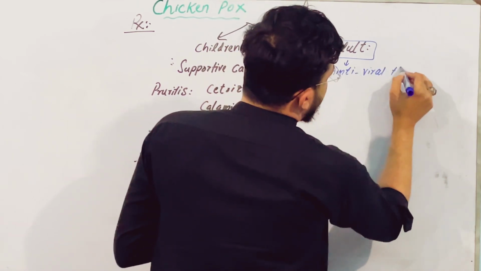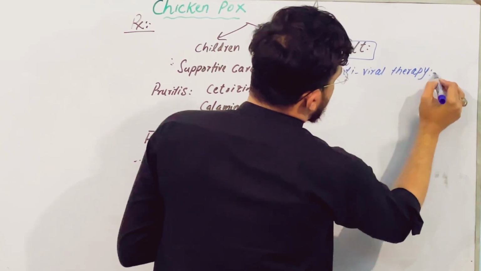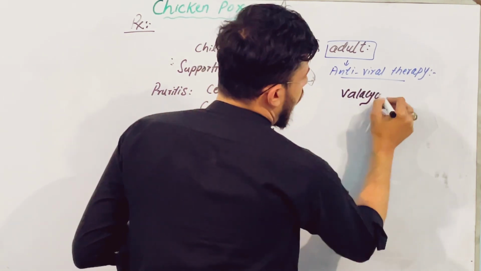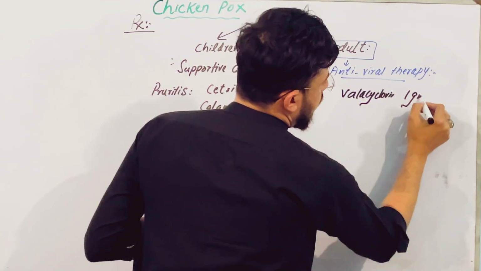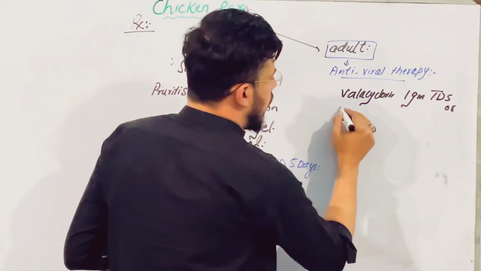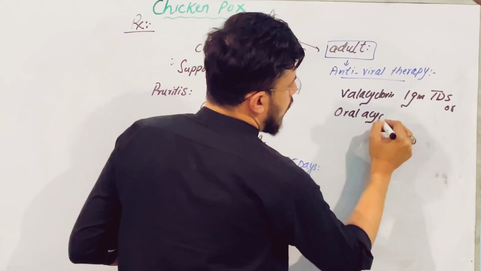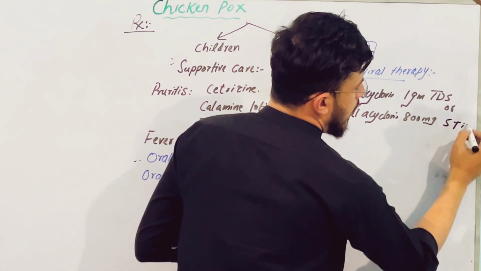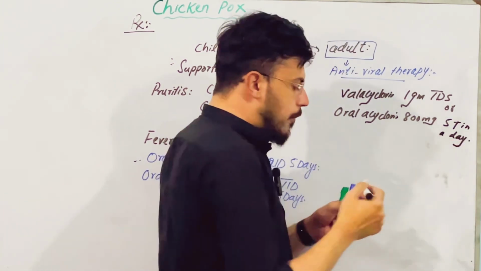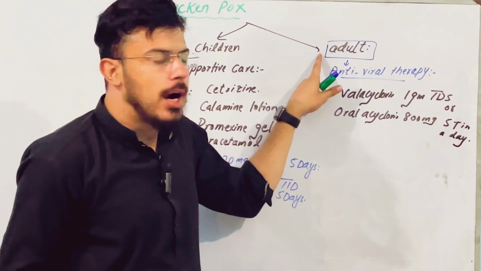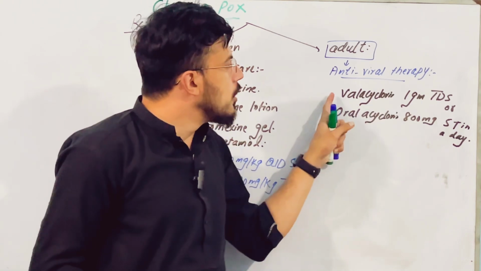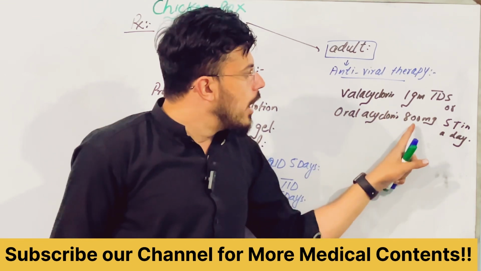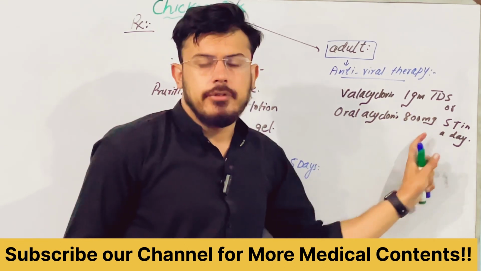Antiviral therapy should be given within 24 hours of the rash. The options are valacyclovir 1 gram TDS or oral acyclovir 800 mg 5 times a day.